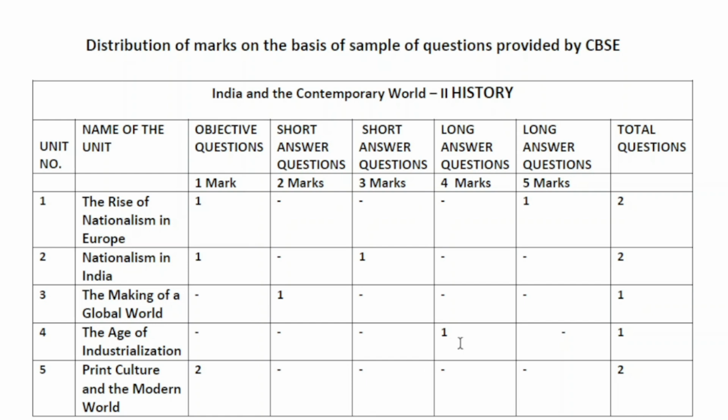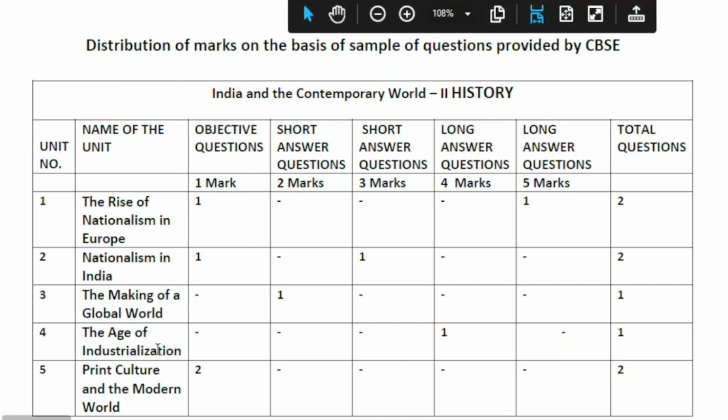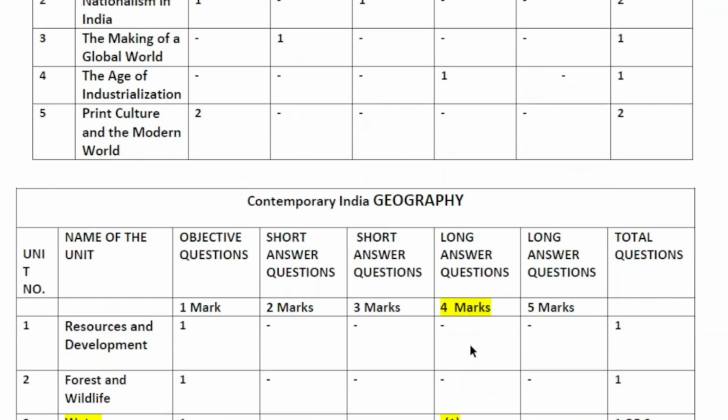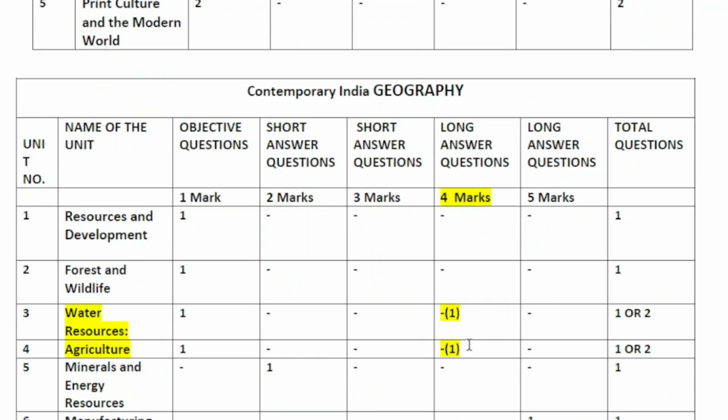And in both the question papers, the case-based study is from chapter number 4 of history, though there is a slight difference. In one paper, there is a paragraph, and in another sample, there is a picture-based question, but it is a case study only. It is of 4 marks, right?